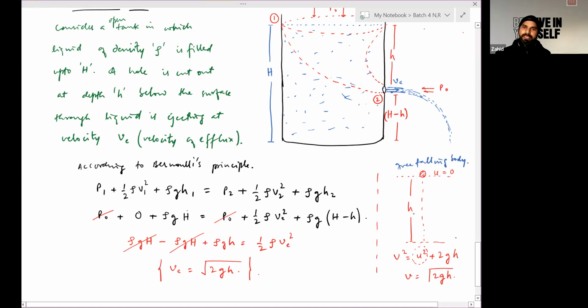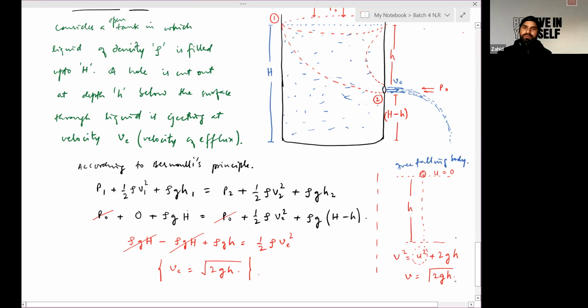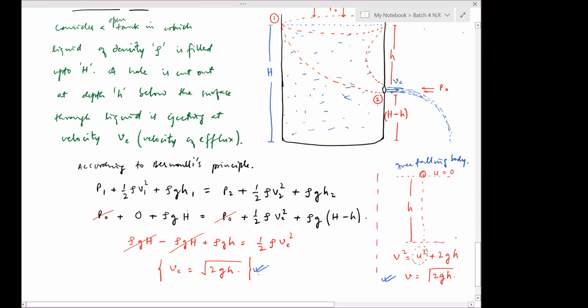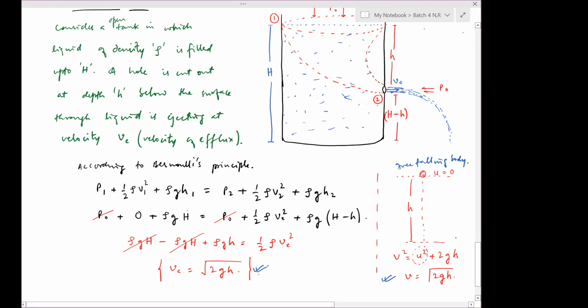On covering h meter height, it may acquire v equals root under 2gh. Now this velocity and this velocity are equal to each other. So we can relate these two terms and say liquid on falling through height h behaves as a particle in free fall. Is it clear? Yes, sir.